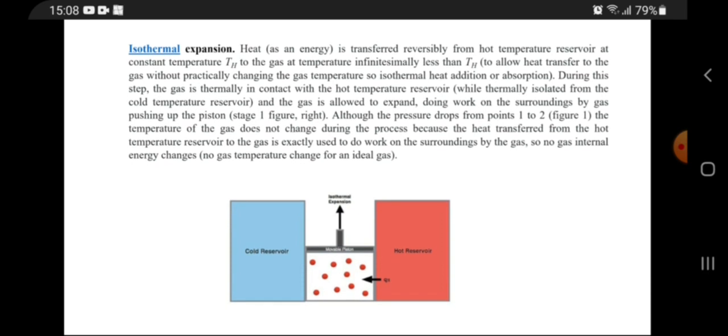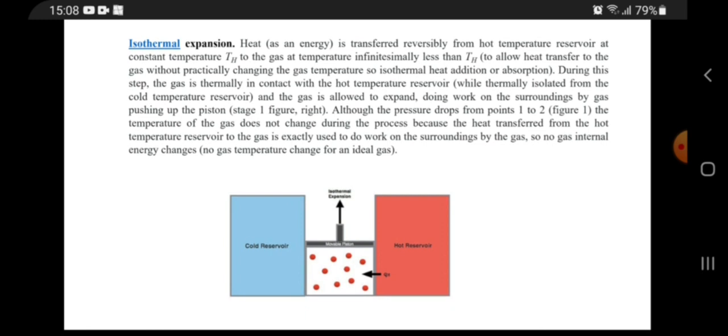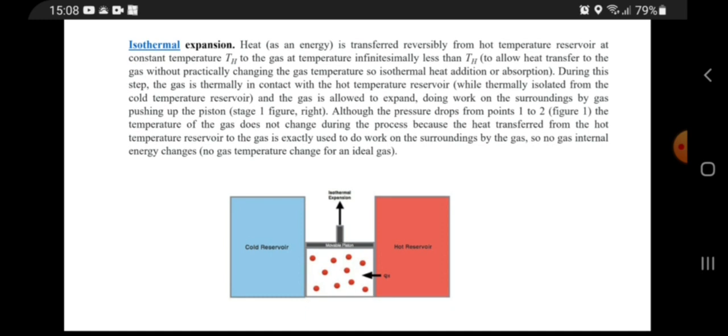Stage 1, the figure will be there. Although the pressure drops from point 1 to point 2, the temperature of the gas does not change during the process.